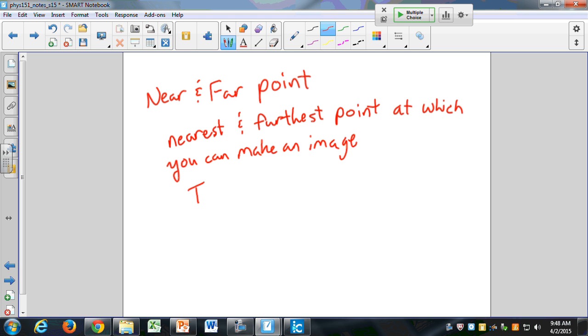The near point is set by how curved the lens can be.